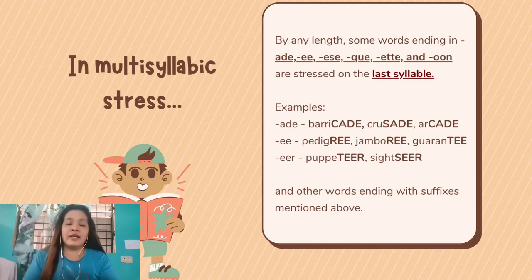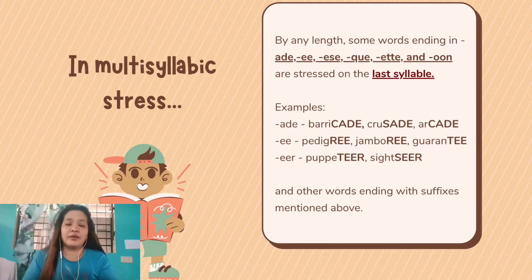On the double e, examples are pedigree, jamboree, guarantee. On ear, the examples are puppeteer, scyther. On ese we have Chinese, Japanese, cheese.